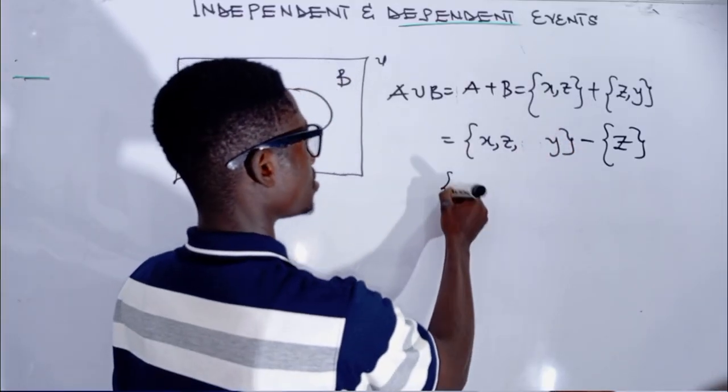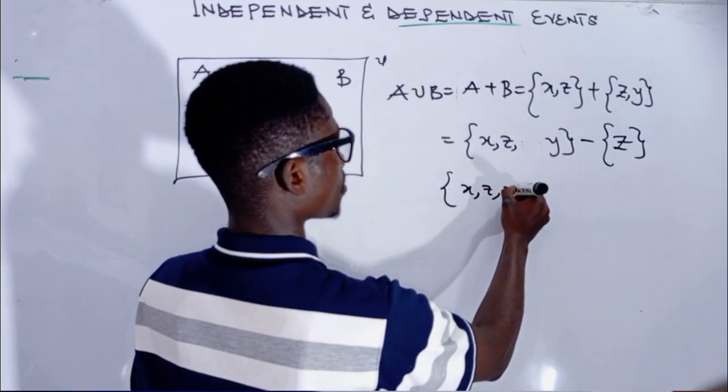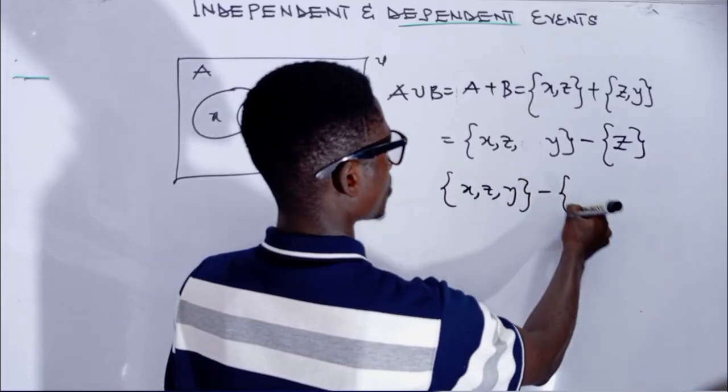So we are going to have X, Z, Y, and then minus Z.